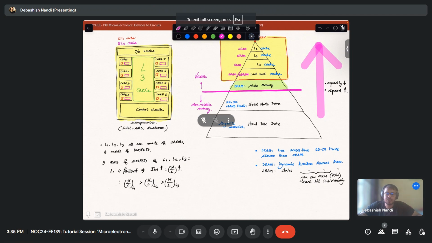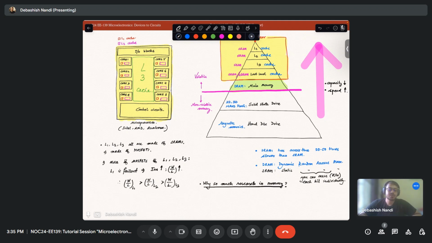Okay, so if you have understood this much, you need to understand another thing: why so much research in memory? Why are people researching so much in memory devices, new topologies, new architectures?